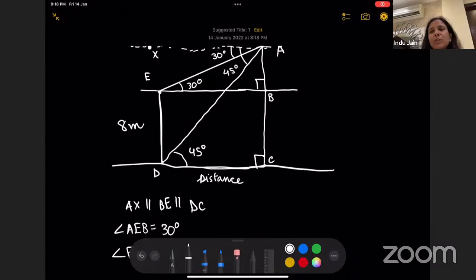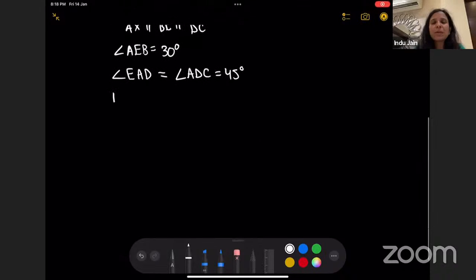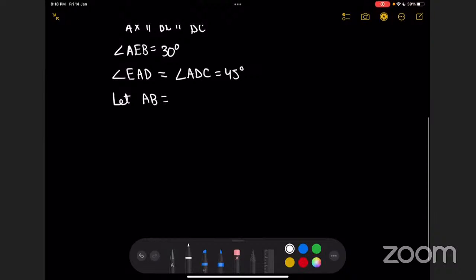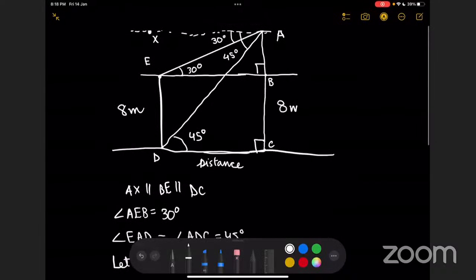So first you will write down: let AB be equal to X and BC be equal to 8 meters, because BC and ED are equal to each other. You have to do all of this too, the complete process. Let AB be equal to X. I'm just going to write 8 meters here.